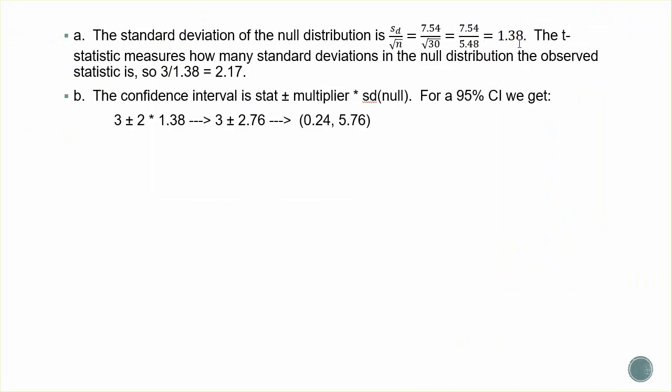The t-statistic measures how many standard deviations away in the null distribution your statistic was. Our observed statistic was 3, and the standard deviation is 1.38. So how many 1.38s is a 3? Well, it's 2.17 if you divide it, and that's your t-statistic. You can make the confidence interval by using the standard formula: statistic plus or minus multiplier times the standard deviation of the null distribution.